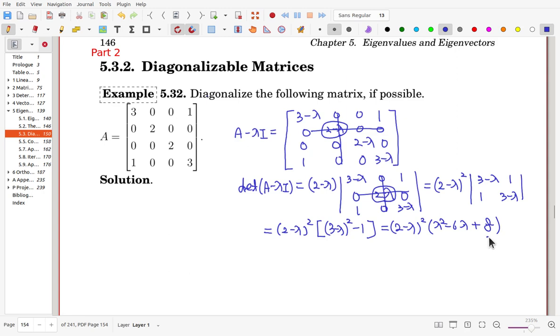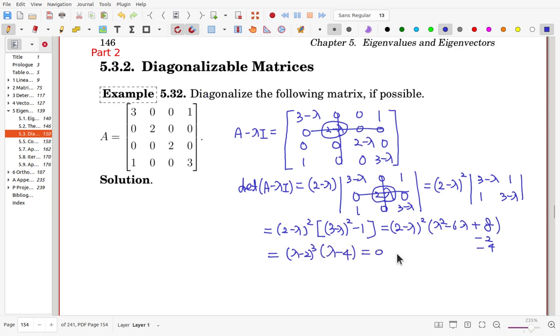Now we can factor this into 2 and 4, along with the negation, so we get lambda minus 2 cubed, times lambda minus 4.